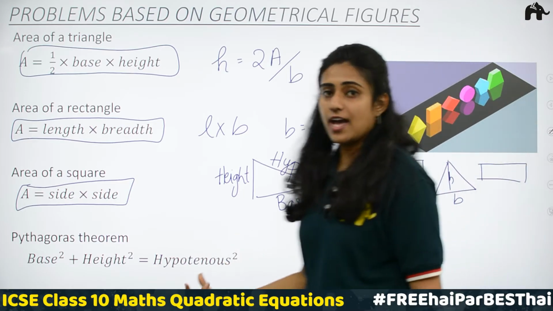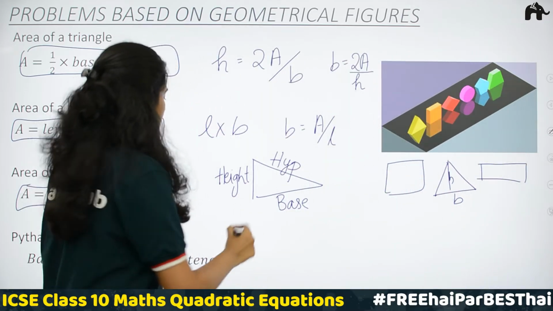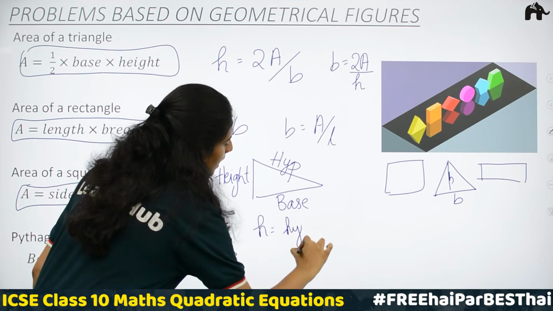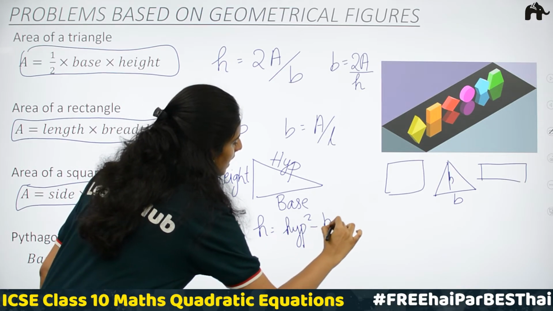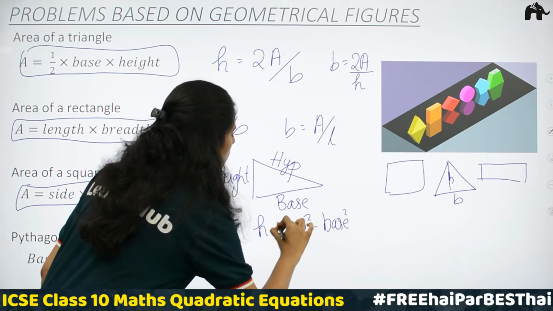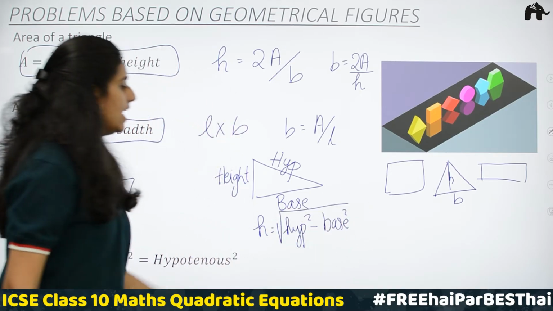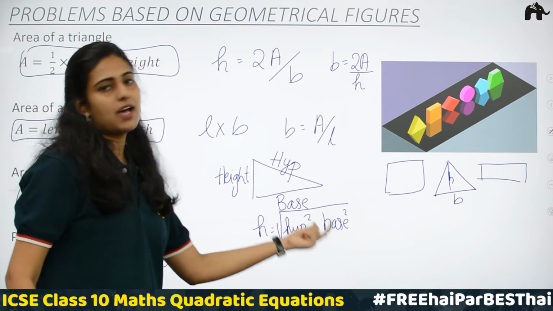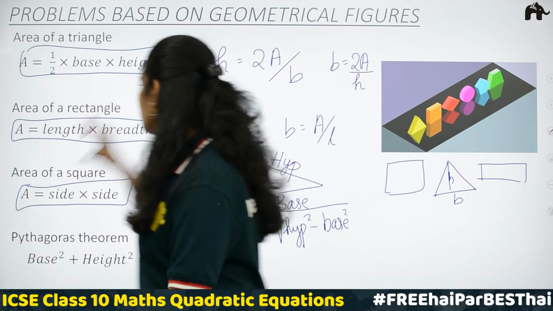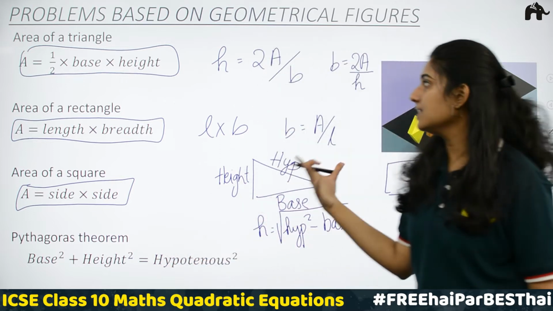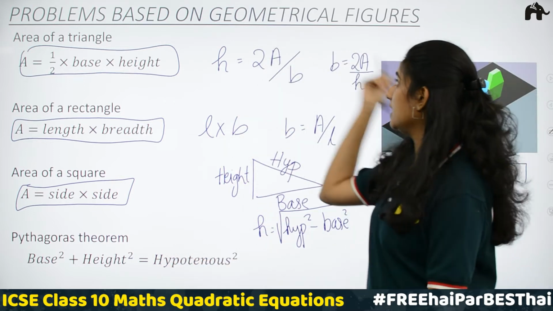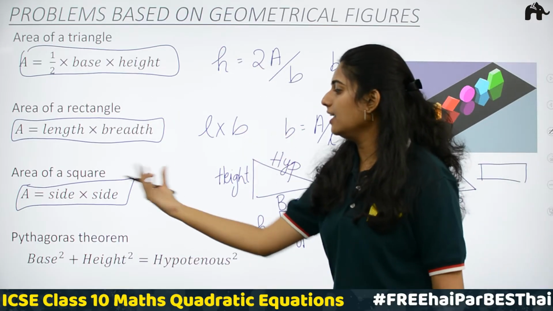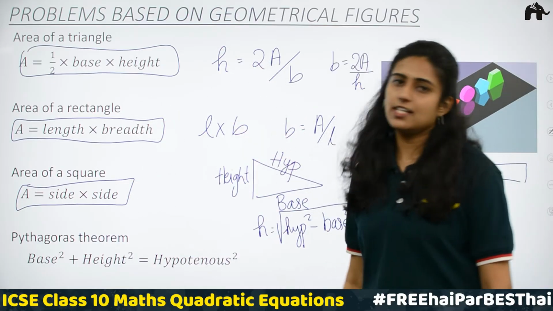If we need to find the height, how can you write? Height will be equal to the root of hypotenuse square minus base square. If it is base, then root of hypotenuse square minus height square. When you know these things, we can easily solve problems that are based on geometrical figures. That is area of triangle, area of rectangle, area of square and the Pythagoras theorem.